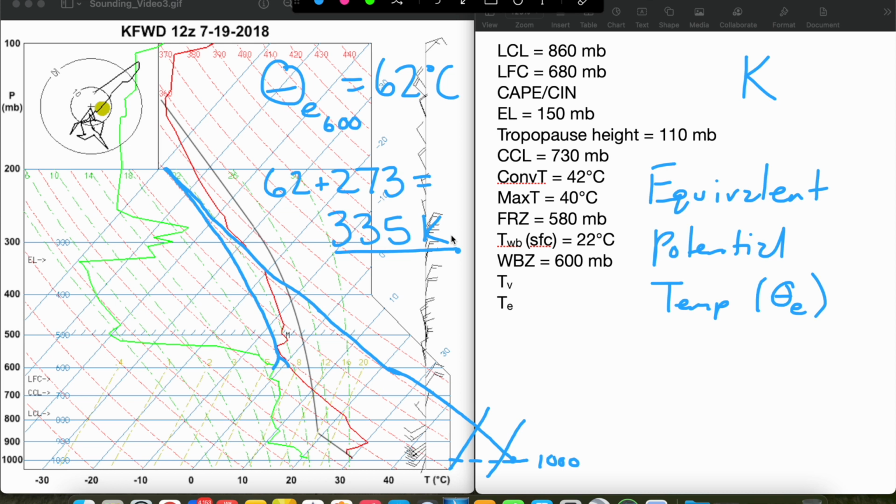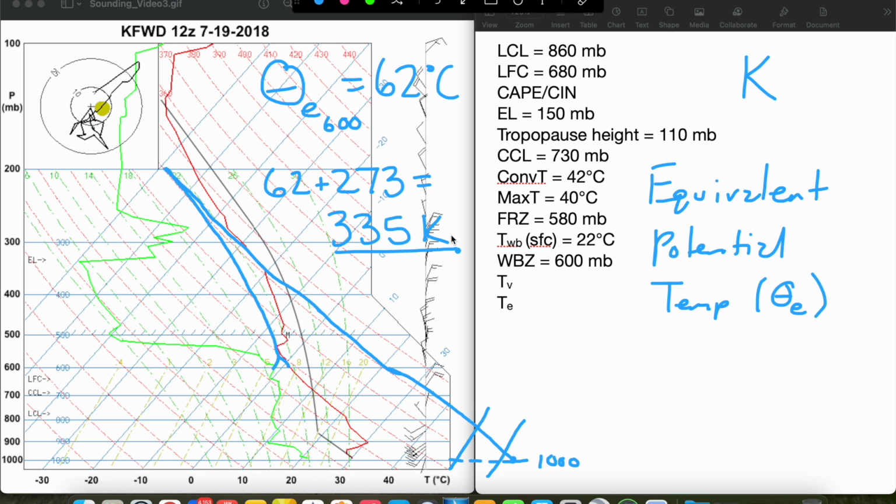And the equivalent potential temperature, or theta-e, is important for severe weather forecasting because it helps us assess the areas of highest potential instability. In other words, it's where the juiciest air is. The higher the value of theta-e, the more juicy the air, because theta-e takes into account temperature and moisture. So it basically tells us where the most energetic air is.